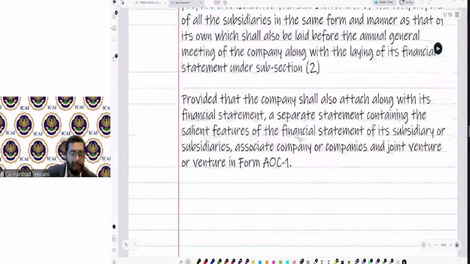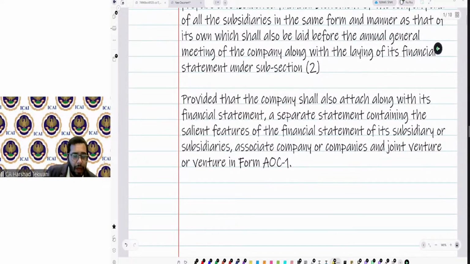Provided that the company shall also attach, along with its financial statement, a separate statement containing the salient features of the financial statements of its subsidiaries. So, two things. One, salient features of subsidiaries.